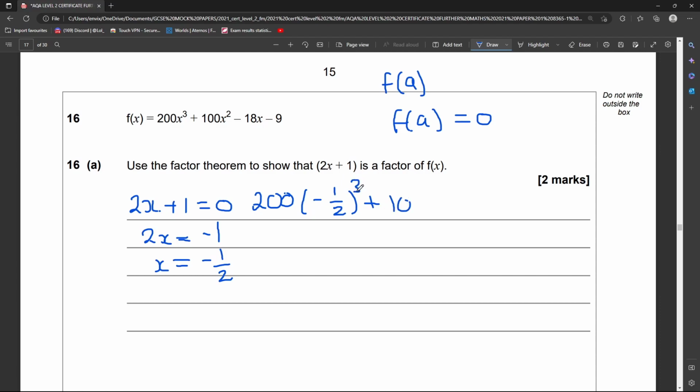So we first write in the values, because I'm doing it on the computer, and sub it in like this, so we can show the examiner that we know what we're doing. And then we type it into the calculator, and then it should be 0. And I'm just going to do that right now.